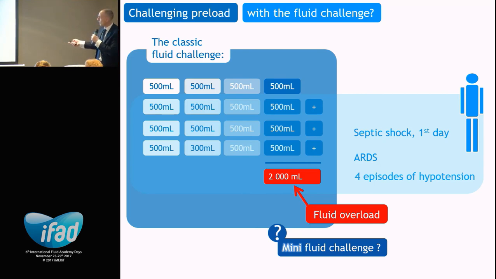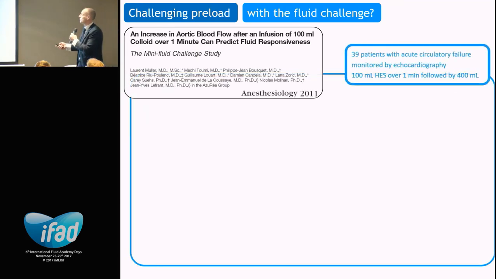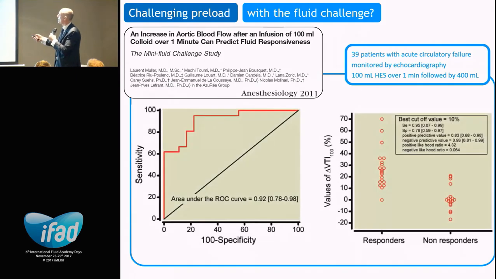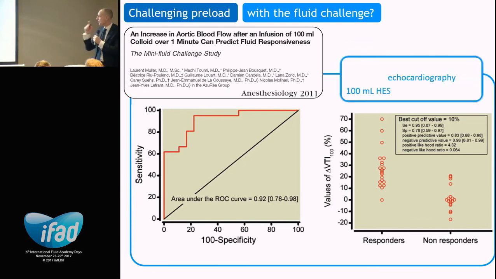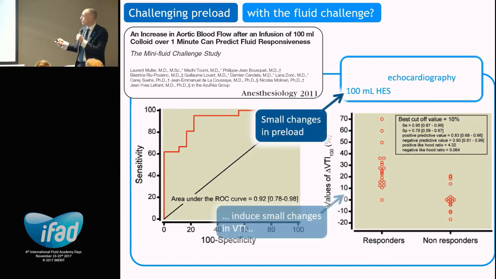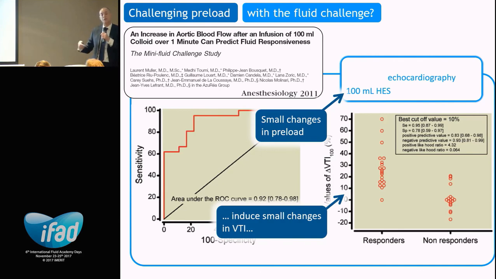Nevertheless, some colleagues tested a mini fluid challenge with only 100 milliliters of starch. And they showed that the changes in VTI with echo were good to test fluid responsiveness. Nevertheless, small infusion can only induce small changes in preload, and so small changes in VTI.